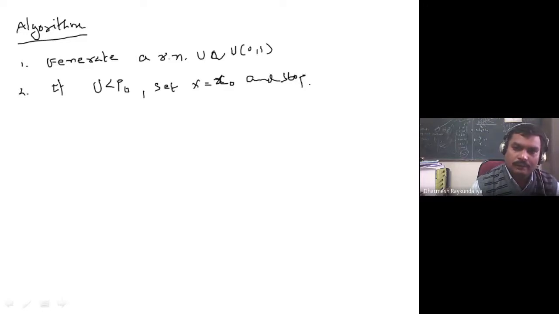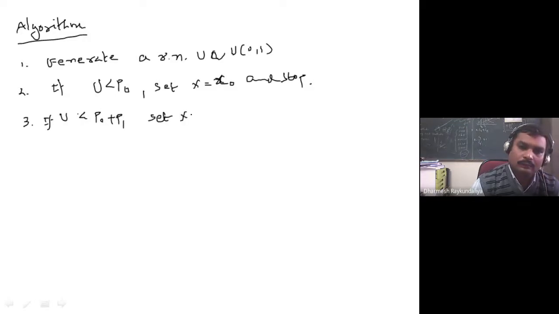Because x0 is generated. Third step, if u is less than p0 plus p1, set x equal to x1 and stop.